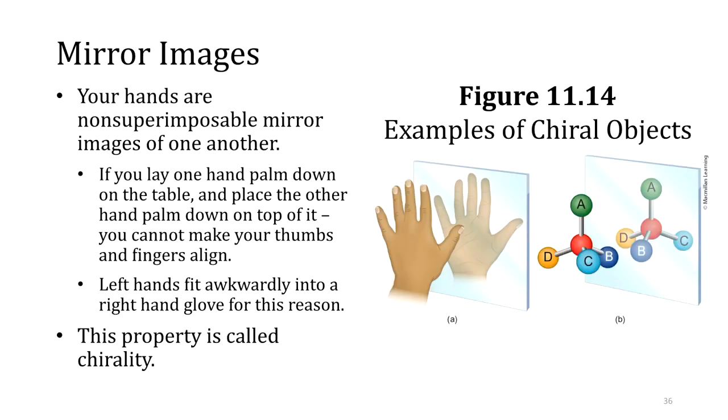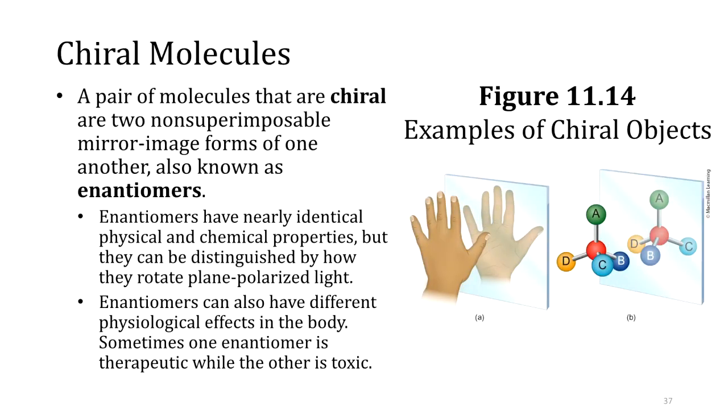Then you can start to see differences. So these are what we call chiral molecules, a pair of molecules that are not superimposable with one another. They're mirror images of one another. They're enantiomers. Enantiomers have, it says here nearly, but they actually have identical physical and chemical properties.